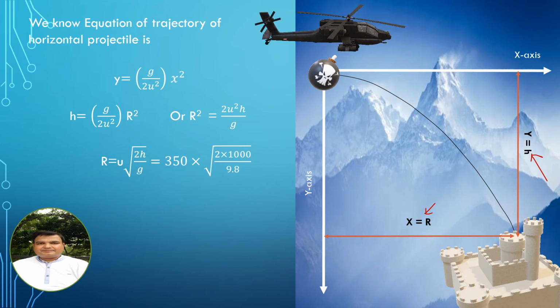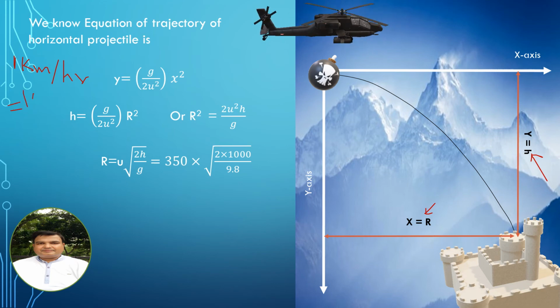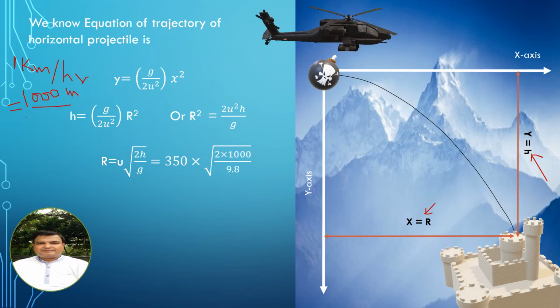Do you know how it is? 1 kilometer per hour means 1 kilometer is having 1000 meter, and 1 hour is 3600 seconds. Two zeros and 20 we can cancel out.